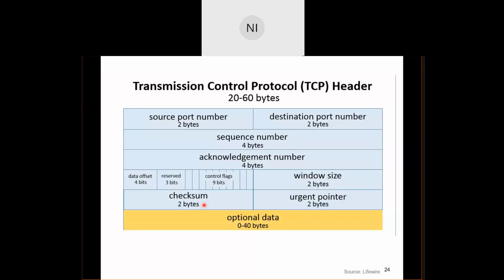The reason we use the checksum field in the TCP header is basically to see whether the message has been modified accidentally, mostly because of some hardware issues, some noise, or some accidental mistakes during the transmission of the data.